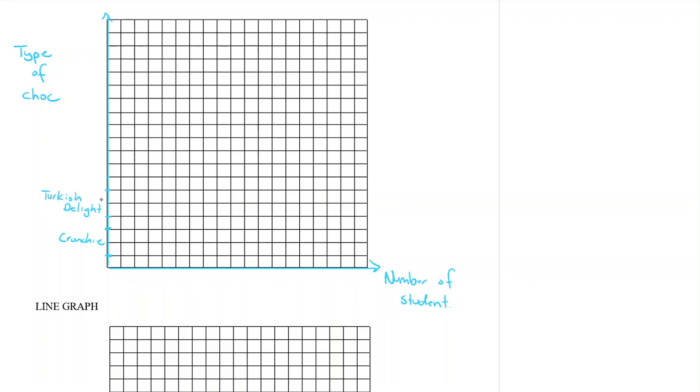Leave a one space gap, and the next two will be for Cherry Ripe. Leave a one space gap, and then two more spaces for the Picnic. Okay, we're going to stretch out the horizontal axes again, so every second space we're going up by ones.